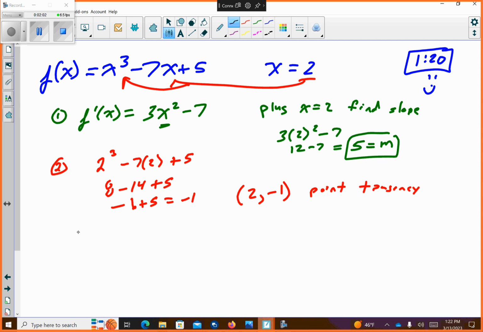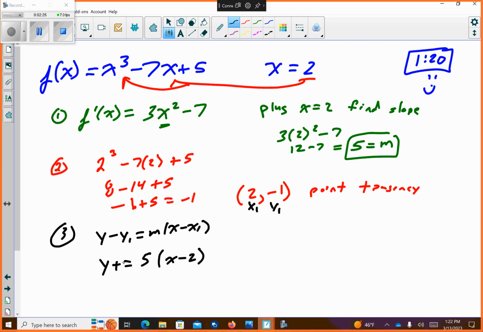And then my third step is I'm just going to plug into y minus y1 equals m times x minus x1. So that's x1 and that's y1. Those will get plugged in. Remember, when you're plugging in, the signs change, except for the slope stays the same. And, oops, x plus 1.